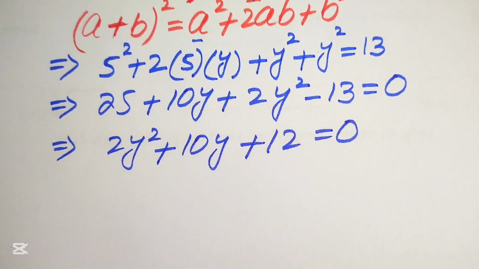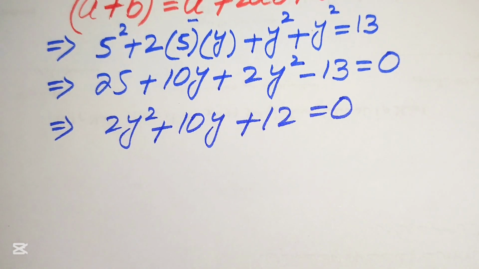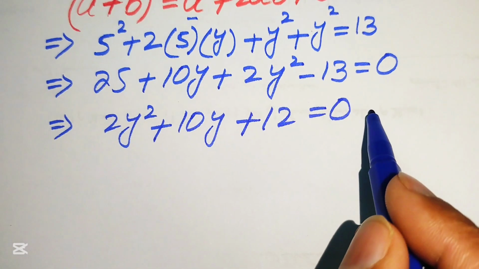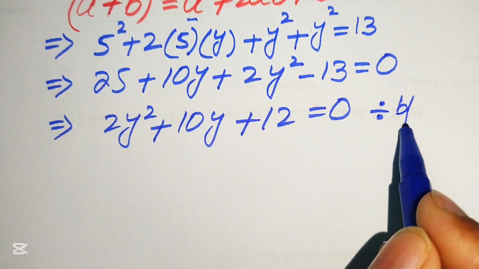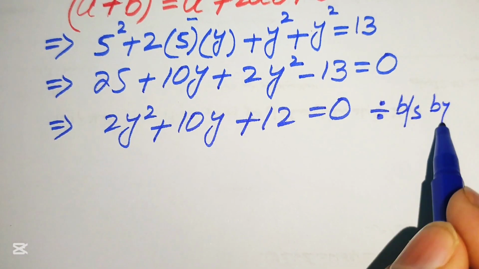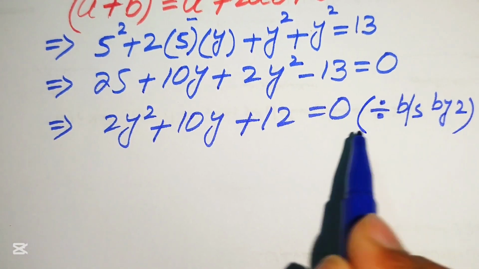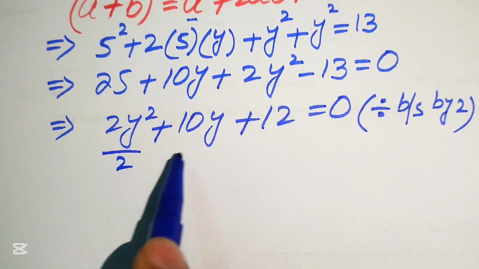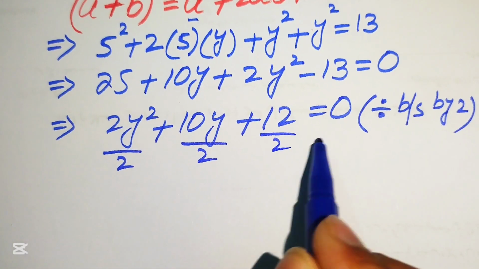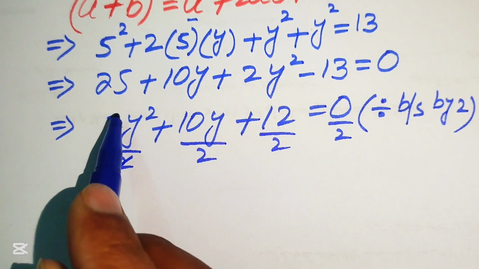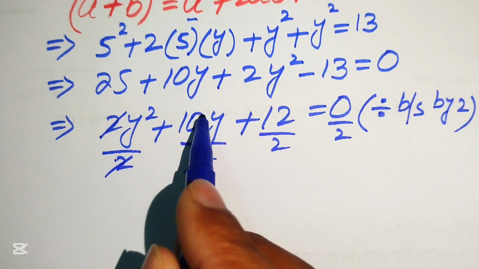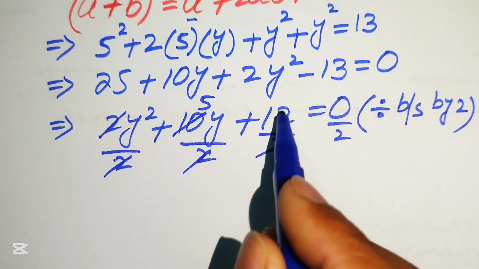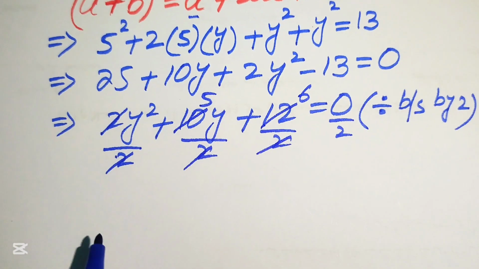And now you see each of these terms is divisible by 2, so we will just divide both sides by 2. When you divide both sides by 2, it will be written in this form. 2 is cancelled out, 2 5s are 10 and 2 6s are 12.